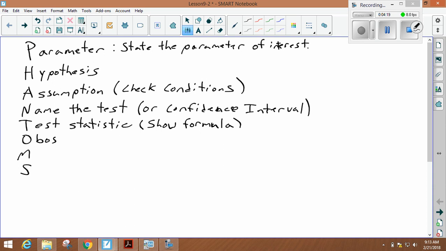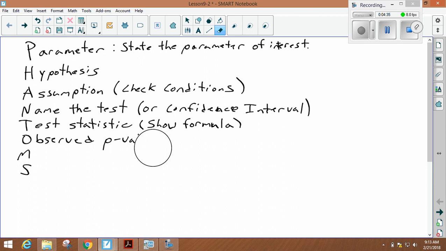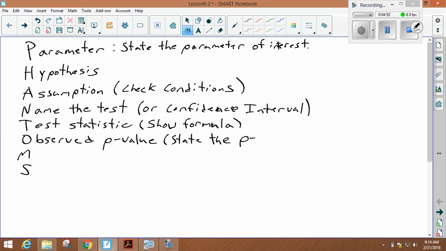So this is your observed value. So, in other words, state the p-value.